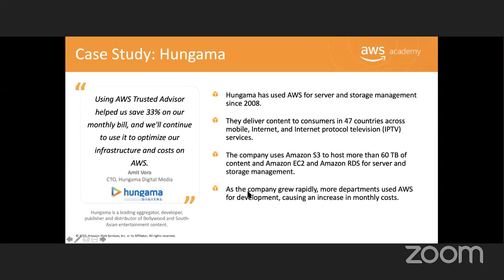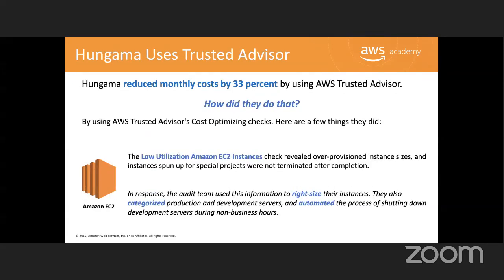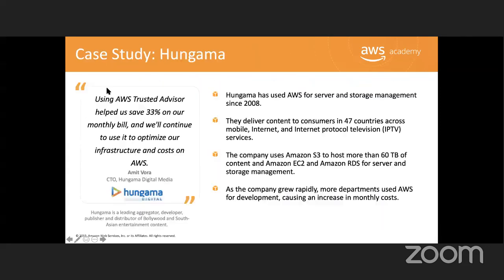As the company grew rapidly, more departments used AWS for development, causing an increase in monthly costs. Okay. So, Hungama, this is kind of contradictory, right? Because what we know so far is that AWS saves you money.